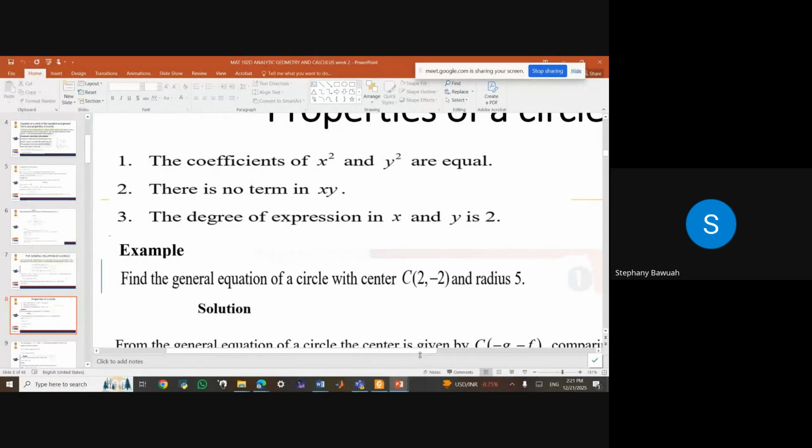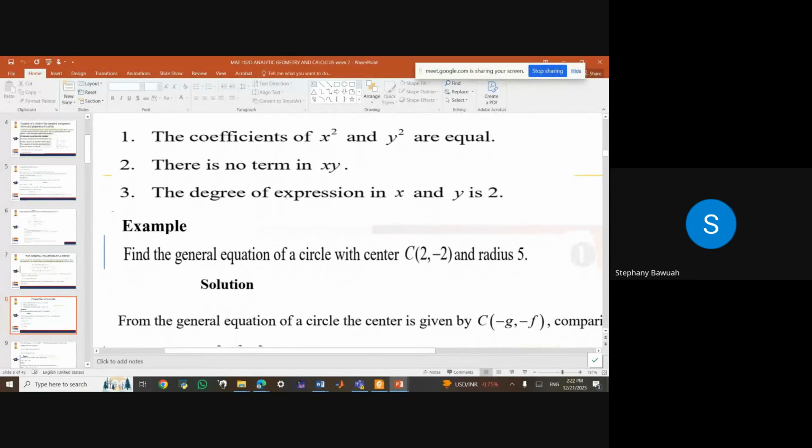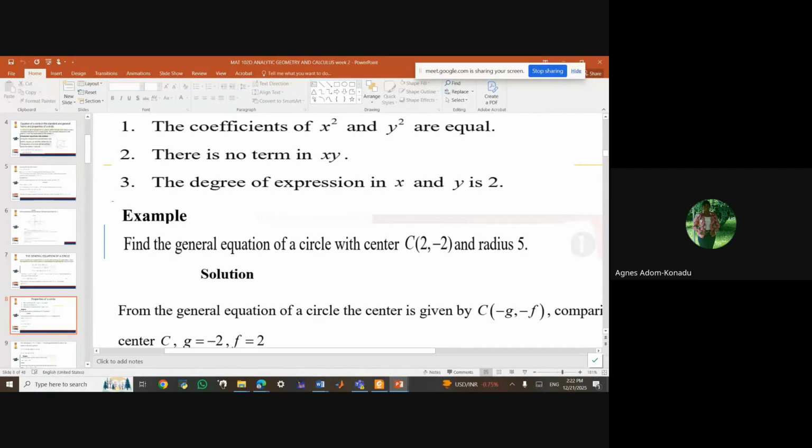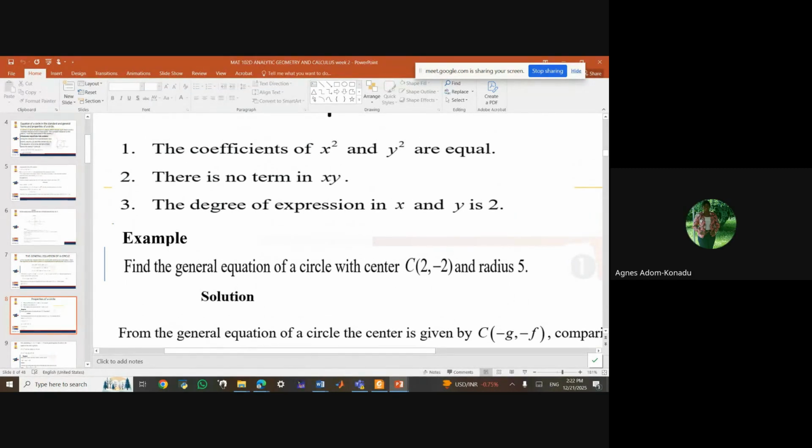When we substitute, we get x squared plus y squared minus 2x plus 2y plus 5 equal to 0. Yes, that's what she got. Any other alternative solution? Thank you very much, Bawa.